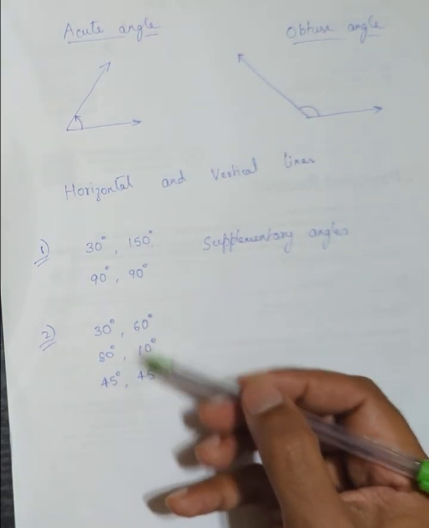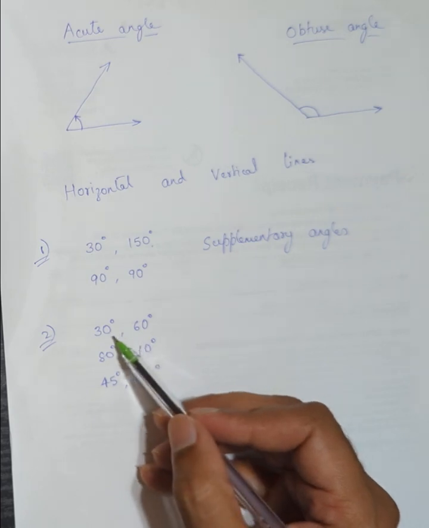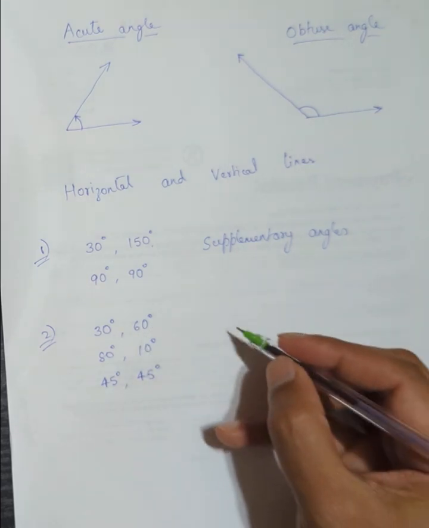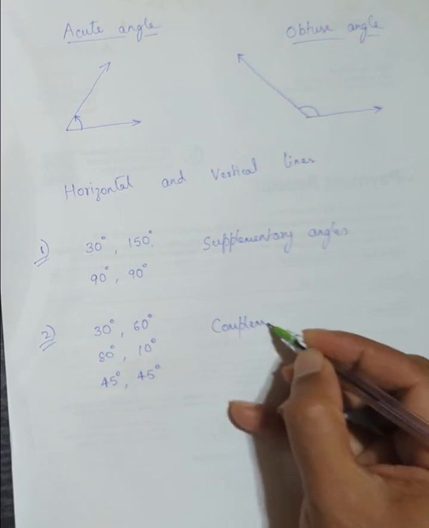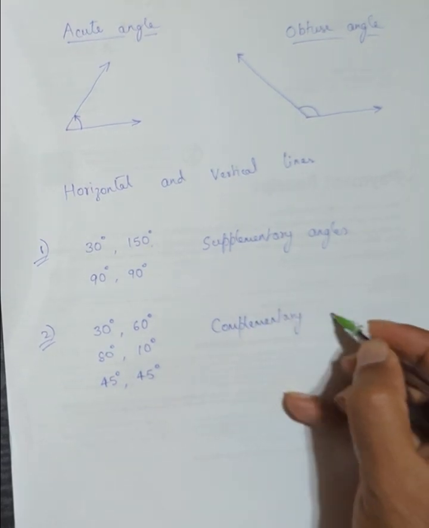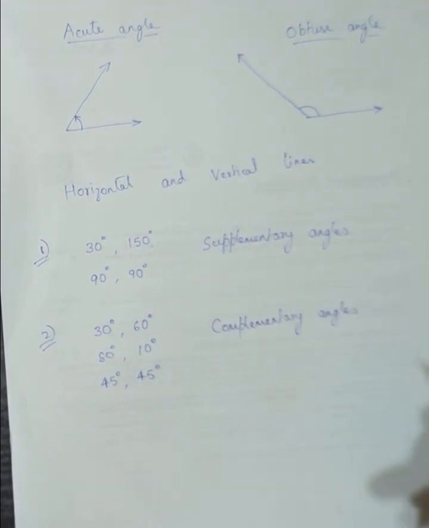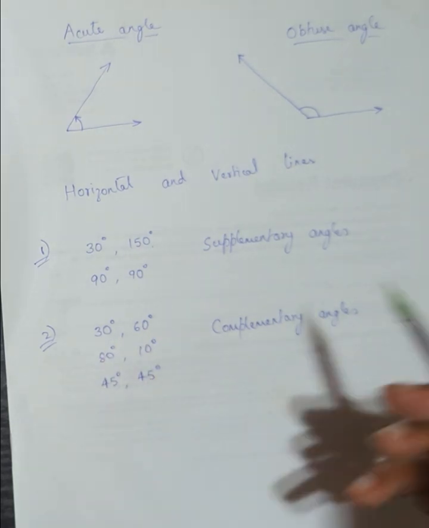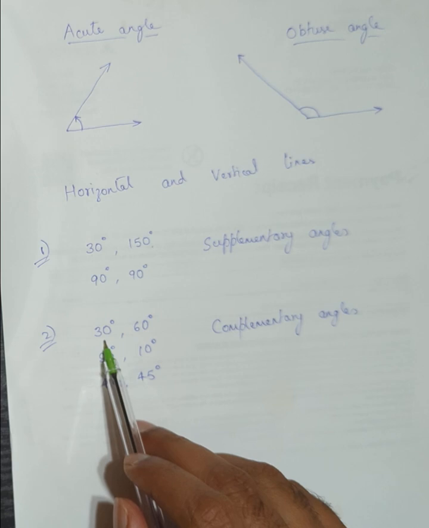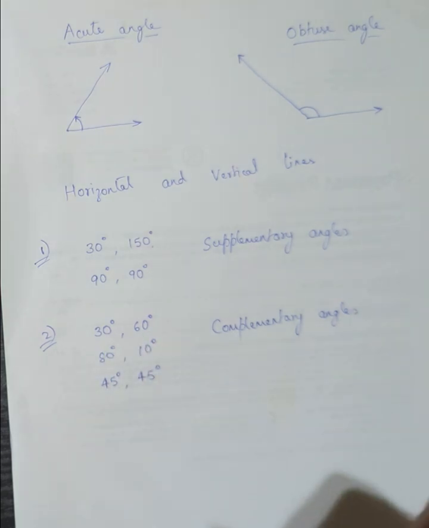So in this pair, two angles add up to 90 degrees and they have a special name as well. They are called complementary angles. And then one is called the complement of the other. So 30 degrees is called the complement of 60 degrees and vice versa.